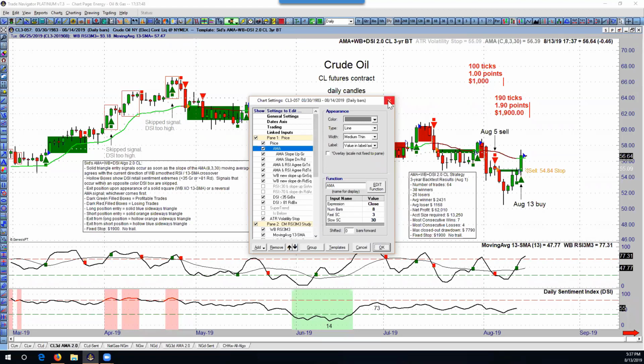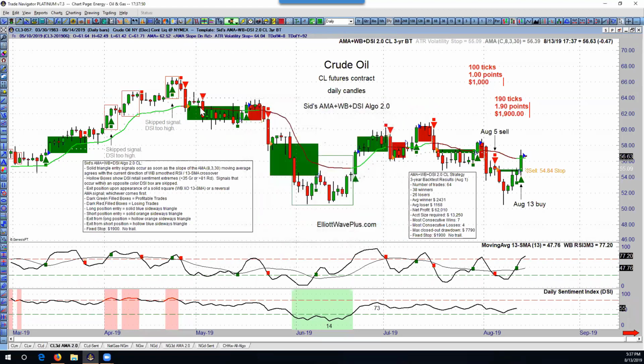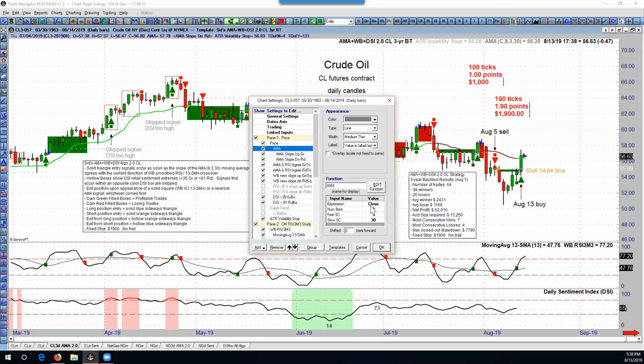What the adaptive moving average does is it is able to stay close to price. It adapts to the volatility, and it can stay relatively close to price depending on how tight you set those settings. So on crude oil, it's set for 8, 3, and 30.